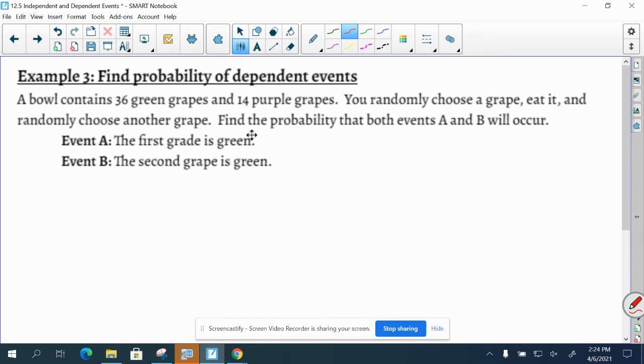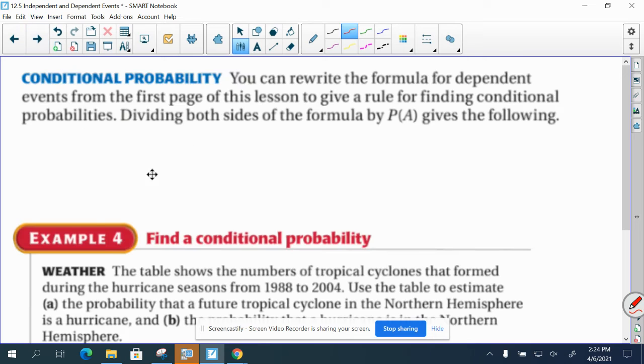And that's the exact same thing. There's another way we can rearrange the formula for conditional probability.